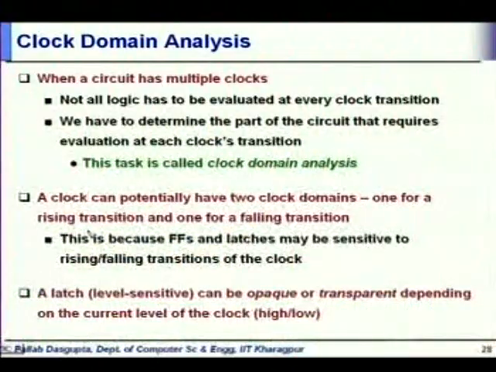So, we come to the question of clock domain. Now, clock domain analysis is important because clocks can have more than one type of event like posedge, negedge, etc., and we do have lots of circuits which have multiple clocks. Now, coming to the question of multiple clocks, there can be multiple clocks for a variety of reasons.